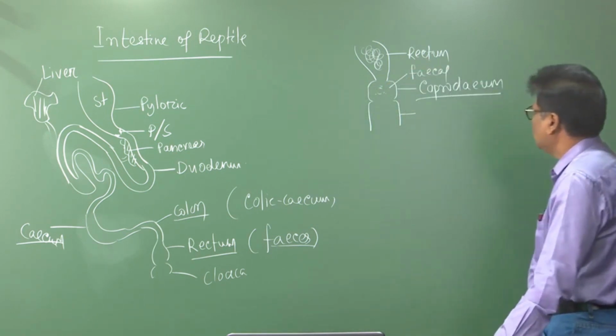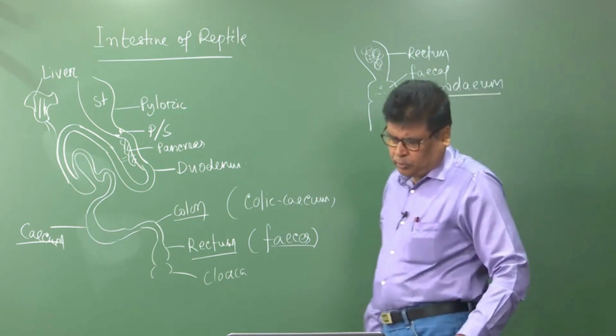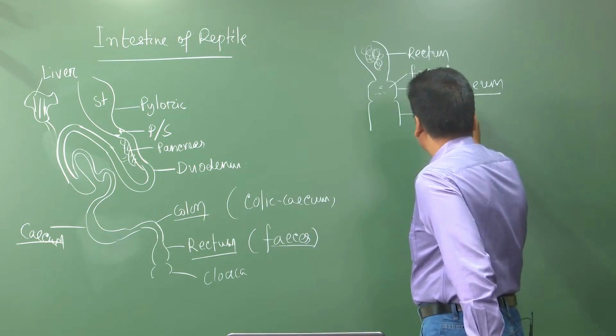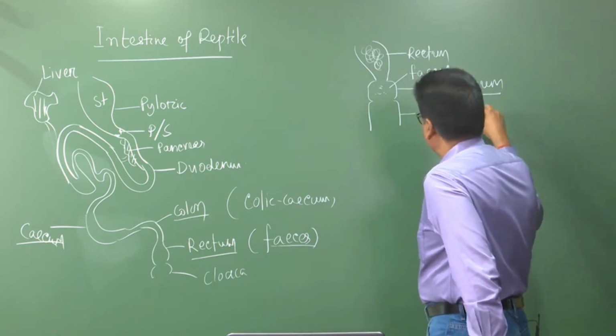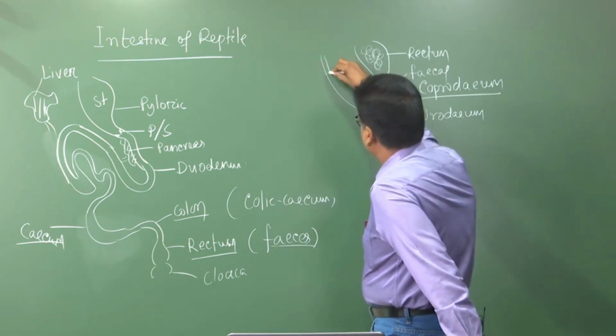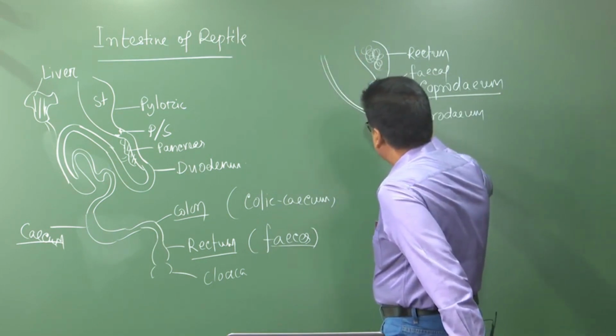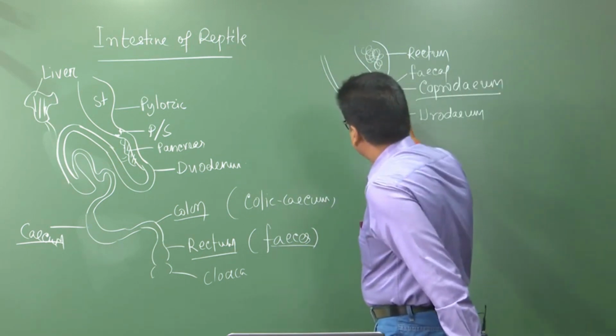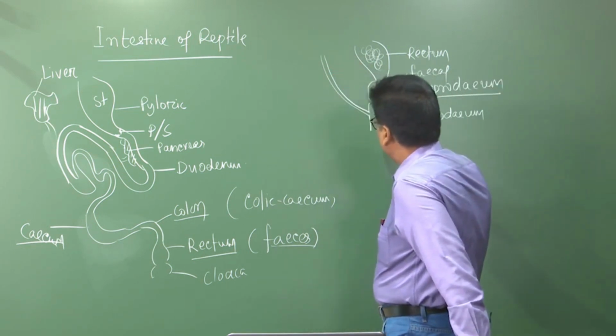And the next part is known as the urodium. So, what is the function of this one? To the urodium opens the urinogenital duct. This is the opening of the urinogenital duct. So, urine will pass to this chamber and genital material will pass to this chamber.